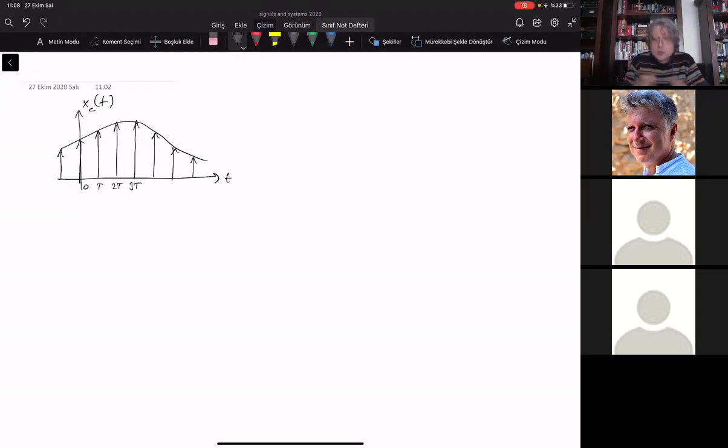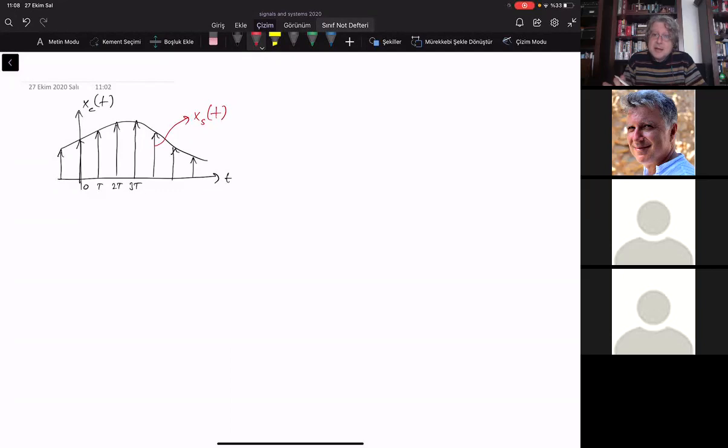On the continuous time axis, it will be a space axis in images or in 2 dimensions. We will have a different periodicity. It will not be just capital T, but it will contain a matrix, a 2 by 2 matrix, as you may already start guessing. So there's always an underlying x sub c of t, and after multiplying with an impulse train, it will be x sub s of t. Sub s corresponds to the sampled version, but it's still on the time axis.